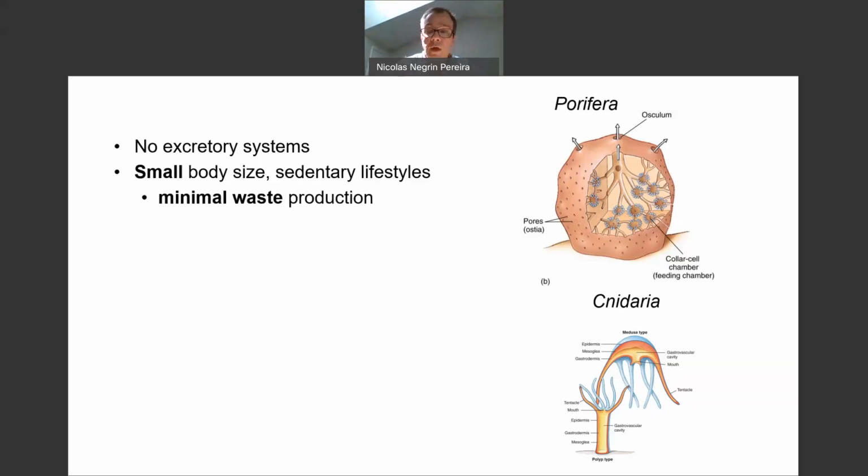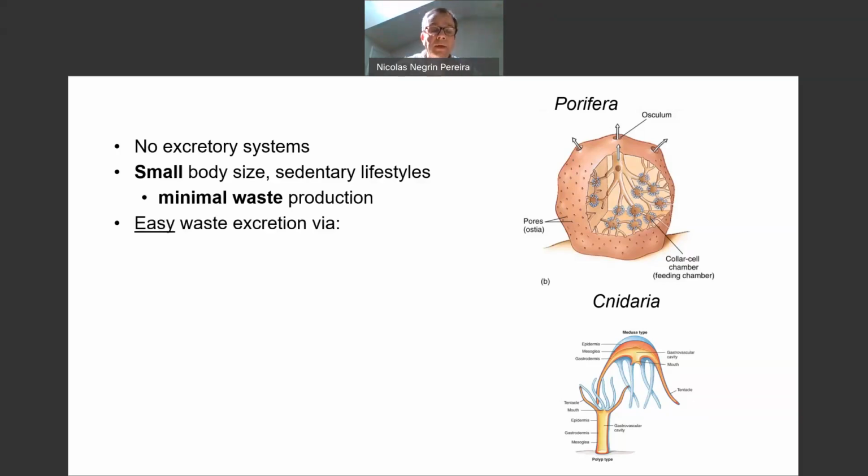Due to this really low metabolic rate, they produce minimal waste. So they are not challenged by needing to excrete nitrogen compounds, like in invertebrates, for example, where retention, or kidney failure, will lead to a retention of ammonia and urea and ultimately end up causing the death of the animal.